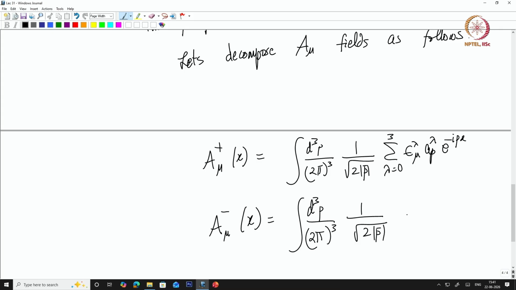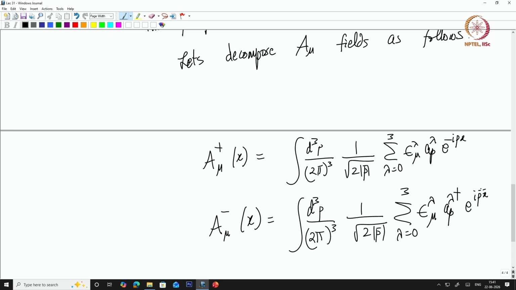I did not introduce a minus 2 p sigma lambda is equal to 0, 3 epsilon mu lambda a p, lambda dag e power i p x.